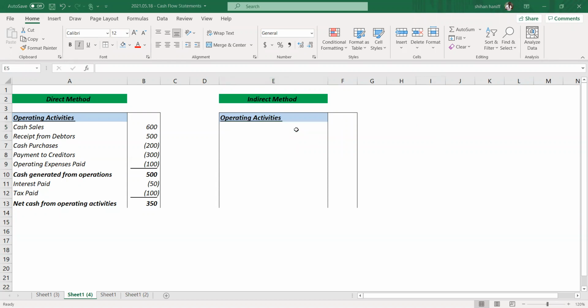We take the final net profit, which is calculated from the income statement, statement of comprehensive income.